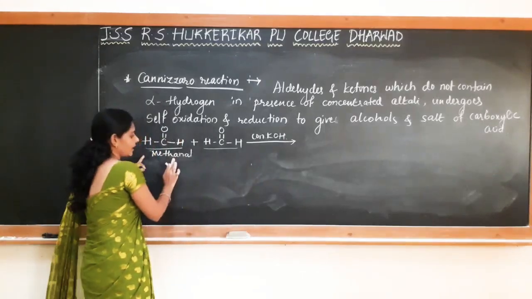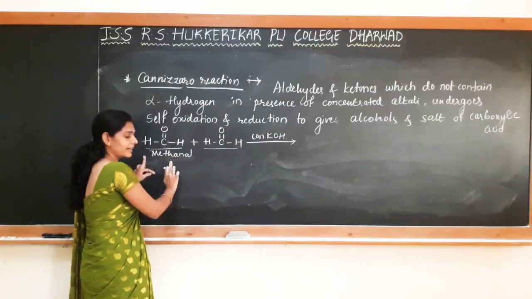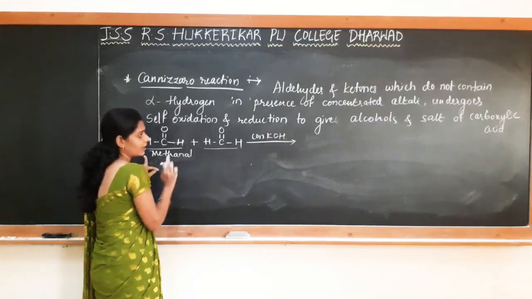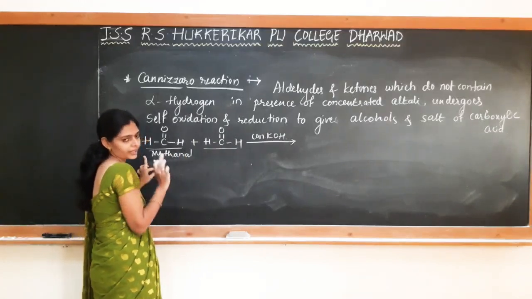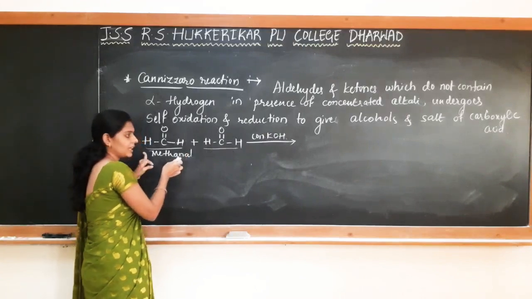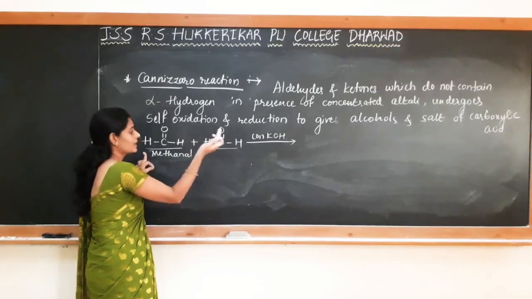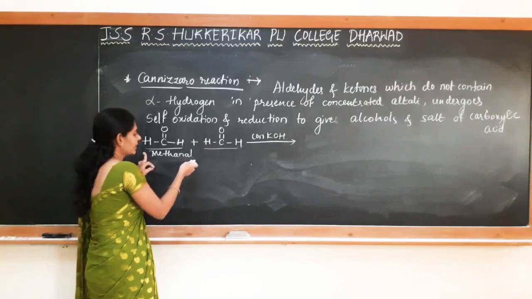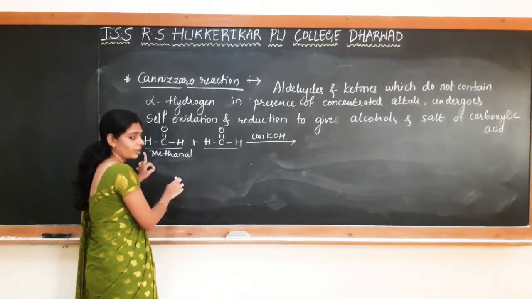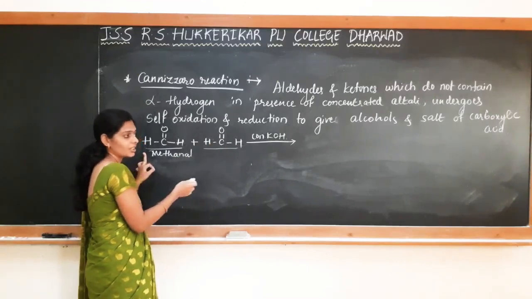So one molecule of aldehyde is subjected to oxidation, one is undergoing reduction. On oxidation, formic acid or methanoic acid is formed, whereas on reduction it gives methanol.